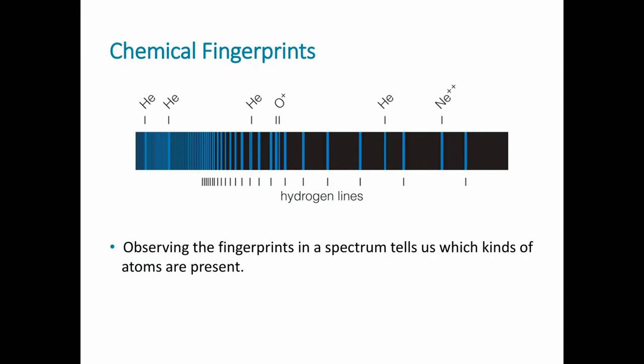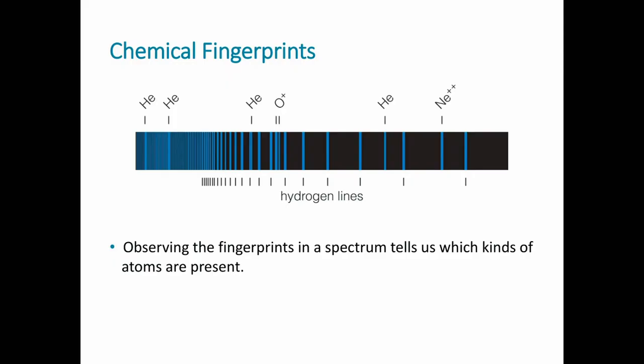This neon is actually doubly ionized, so it's lost 2 electrons, so it has a positive charge of 2. So you have to pay attention not just to the chemical element, but also what charge it has.